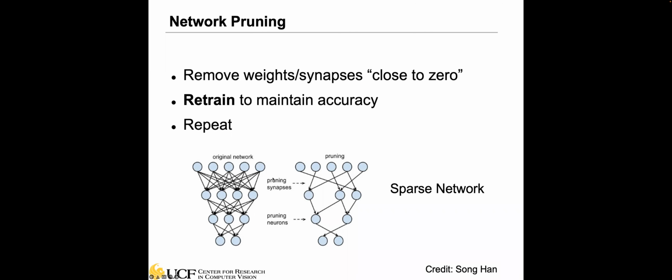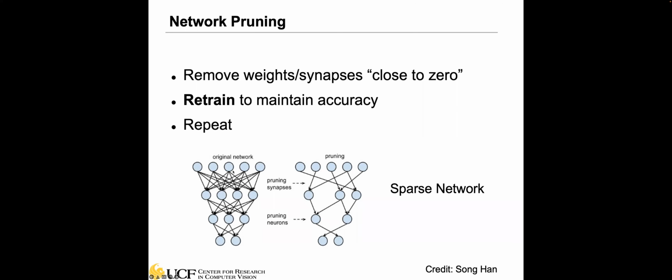Once we remove those neurons, we generate a sparse network as compared to the original one, because the connections are destroyed. So this becomes sparse connections for the network. To regain the performance of the network, typically we have to retrain the network again.